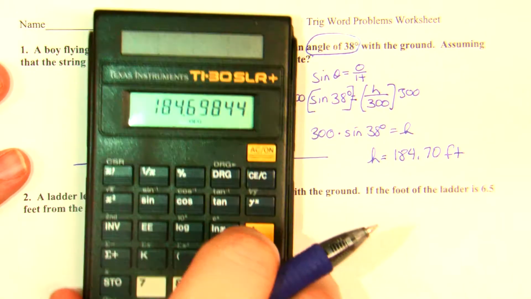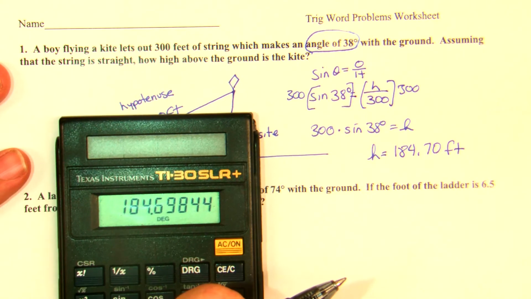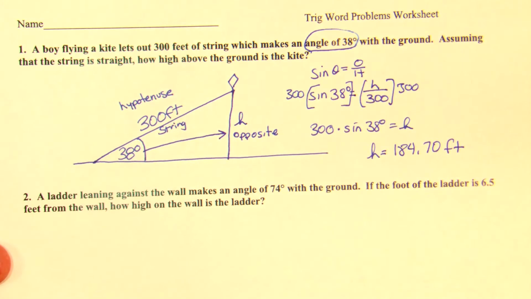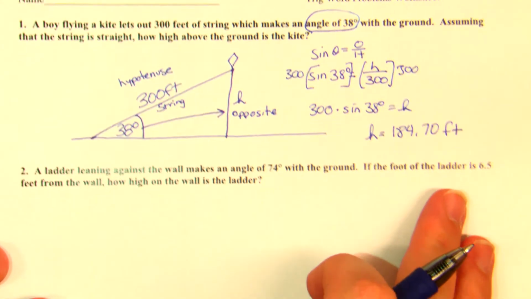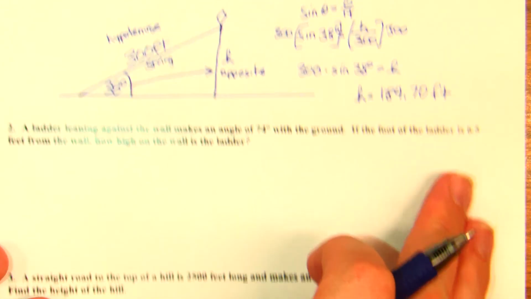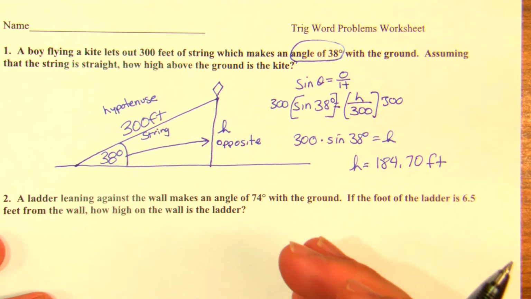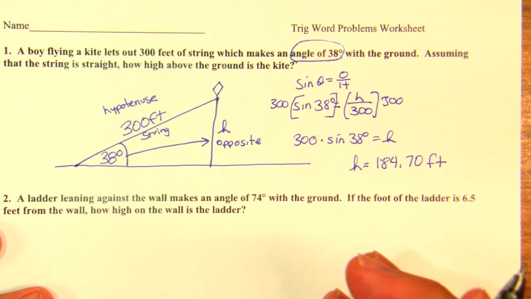So with 300 feet of kite out, the kite is actually almost 185 feet above the ground. Any questions on the kite problem? These are all typical problems that you're going to see.